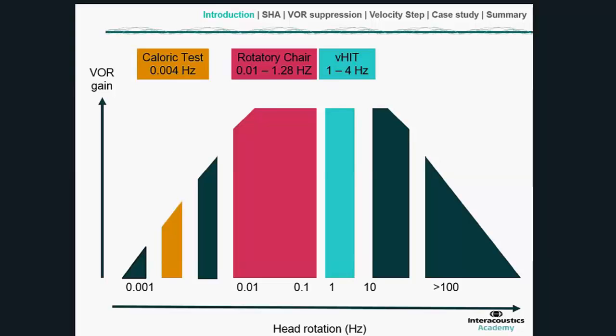So this is a very useful slide for contrasting the different tests that we have available, and the rotary chair sits in the middle there in terms of its ability to test the VOR at or around the optimum speed of the head rotation.